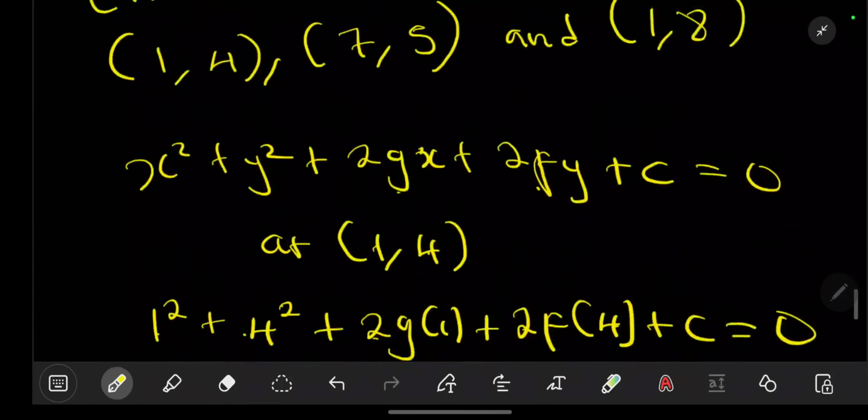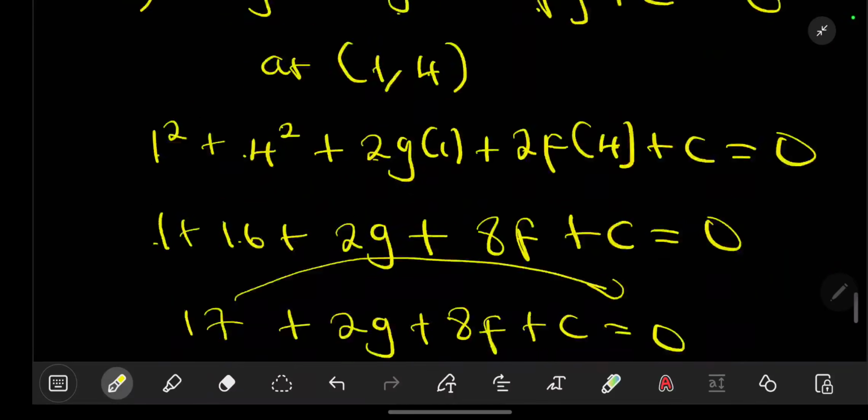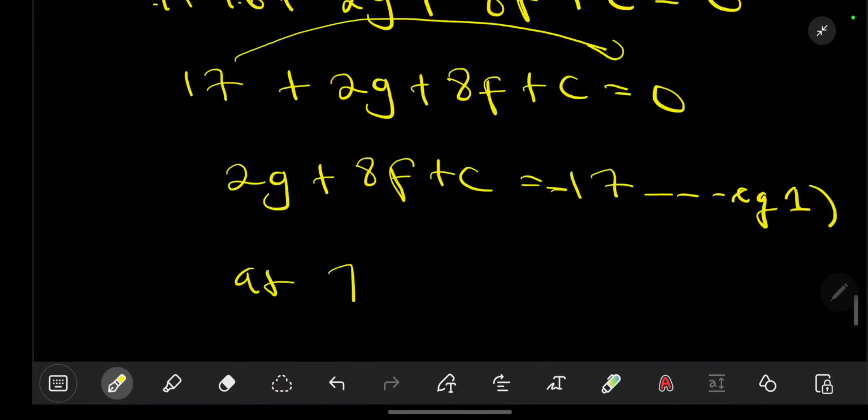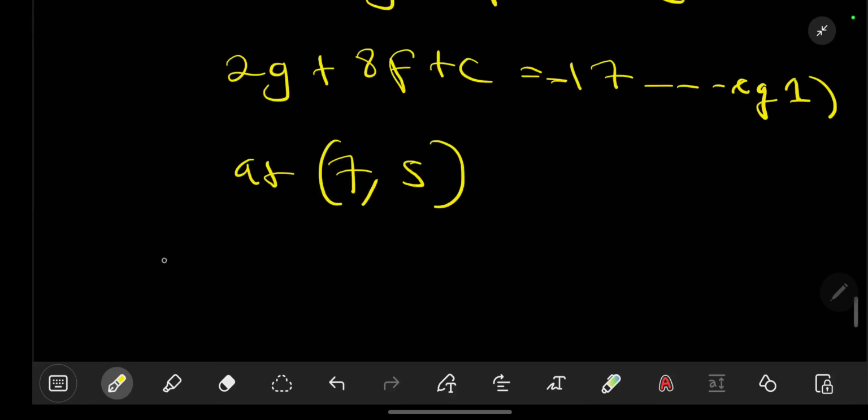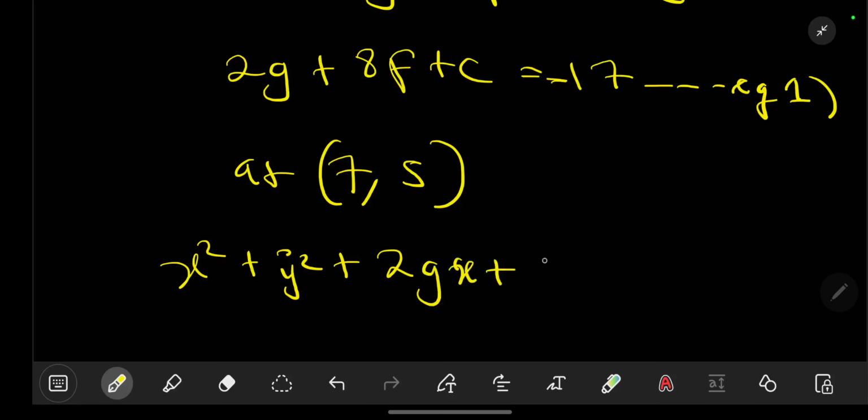Then we are going to do the same at the coordinates (7, 5). We use the general equation: x squared plus y squared plus 2gx plus 2fy plus c equal to 0.